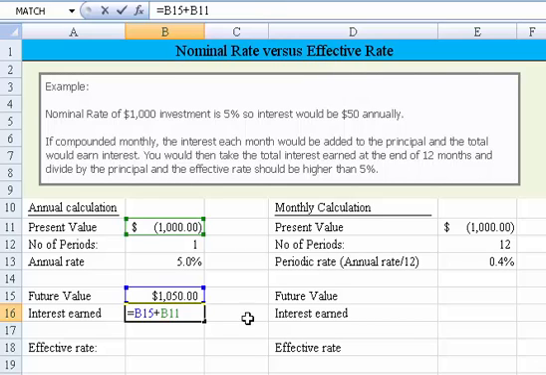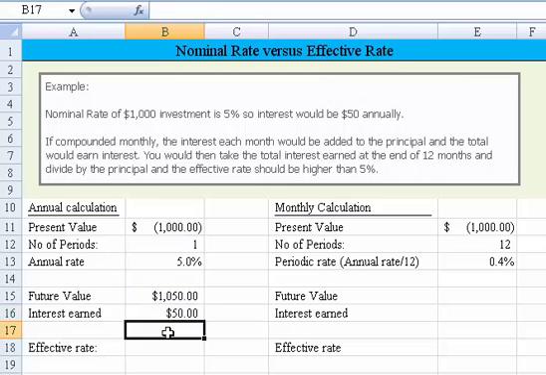And since it's negative for purposes of calculating the future value calculation in cell B15, then in cell B16, I'm going to add the two to come up with the difference, right? So 1,050 less the 1,000 meant we had $50 of interest. And if we compute the effective rate, we simply take the amount of interest and divide it by the present value, and we see it's 5%.